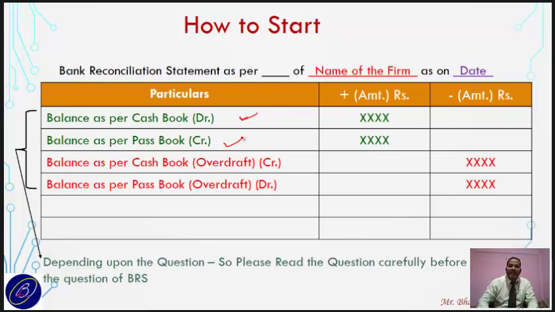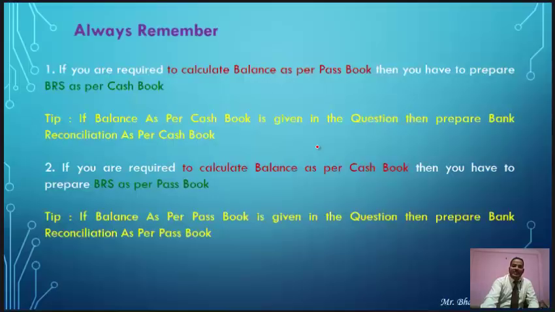And in the same manner, if you start from the passbook, then you will get the balance as per cash book. Clear to everyone? So please take the picture or snapshot of this slide, because this will help you.